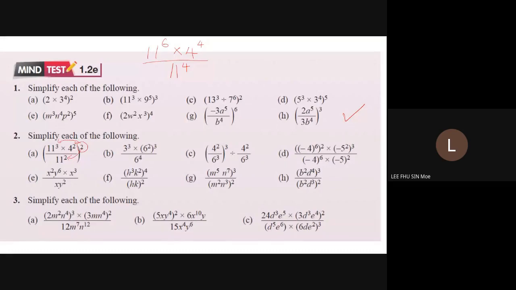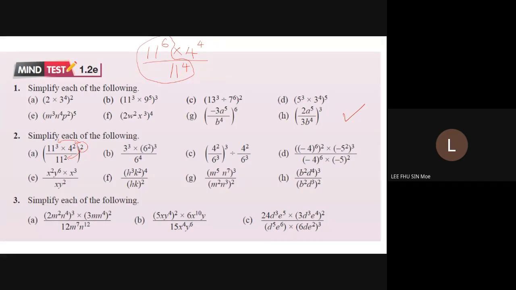Yes, right, because this one, they are the same base. This one is base 11, this one also base 11, so these two can be simplified. Okay, so it is division. So for division, you use the law of indices, that is minus.